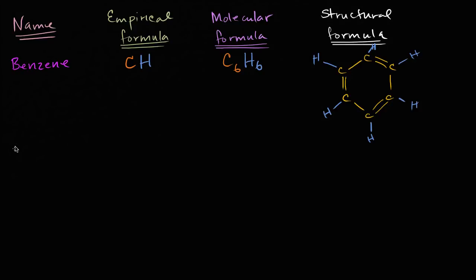So for water, we all know, for every 2 hydrogens, and since I already decided to use blue for hydrogen, let me use blue again, for every 2 hydrogens, you have an oxygen. Now, I kind of thought in terms of empirical formula, in terms of ratios, but that's actually the case: a molecule of water has exactly 2 hydrogens and 1 oxygen.